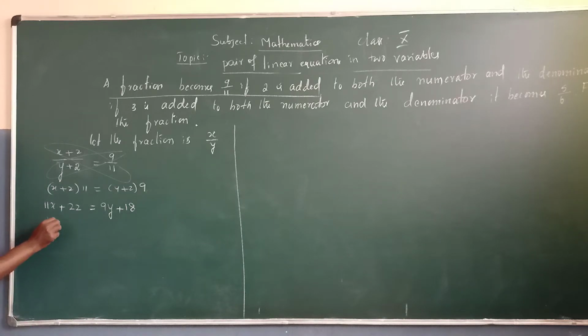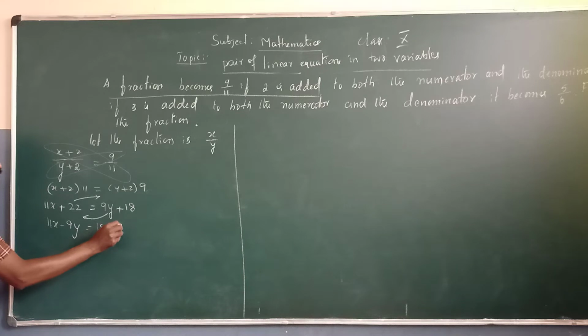Now 11x, 9y shift to LHS, minus 9y. So this 22 shifts to RHS, which is equal to 18 already there. 22 will become minus 22. So 11x minus 9y is equal to, remember the difference of these two, plus 18 minus 22. 22 is bigger, sign minus, difference of these two is 4.